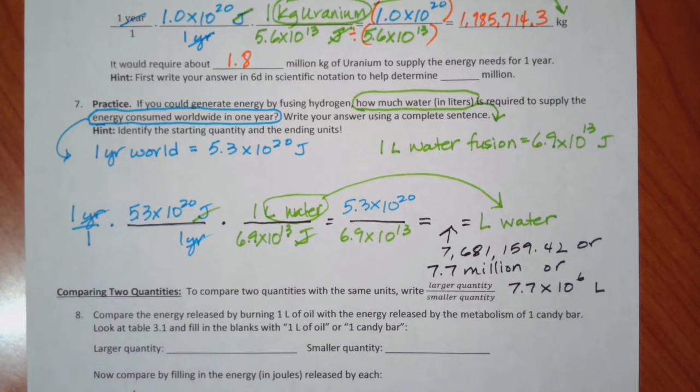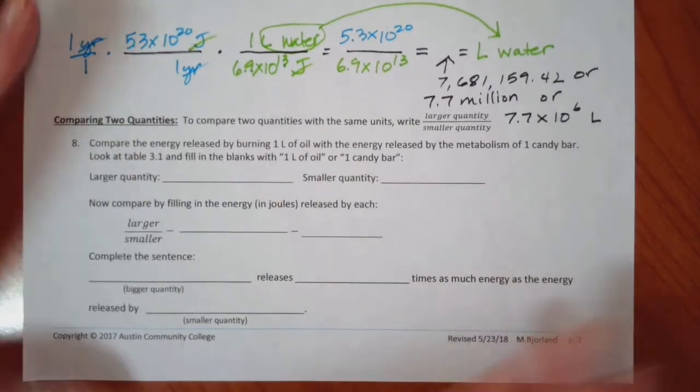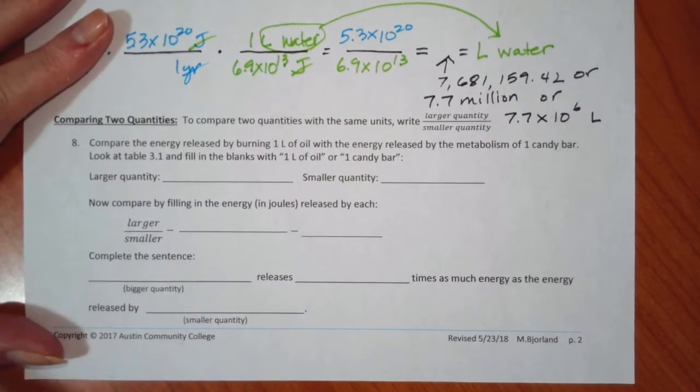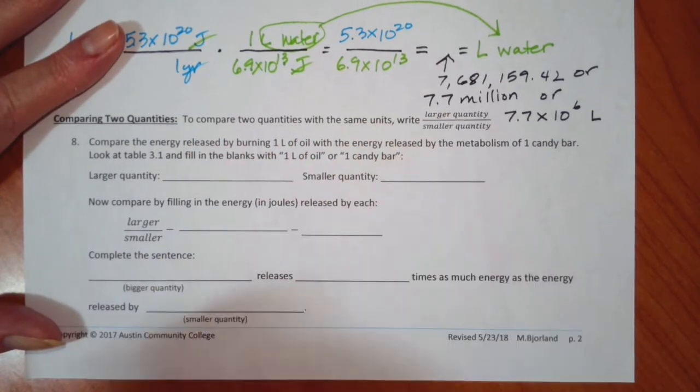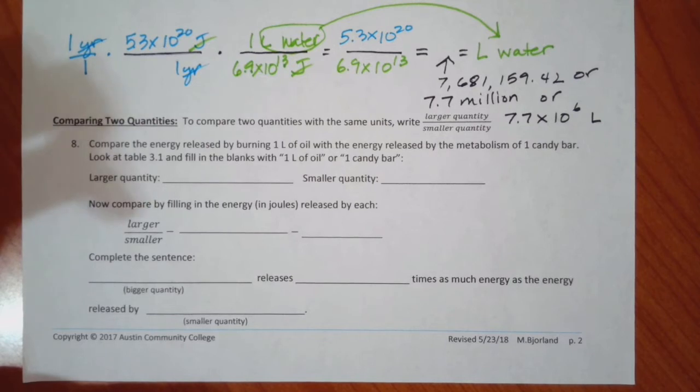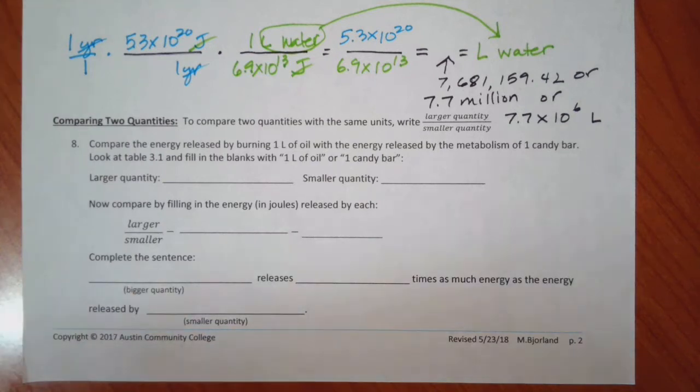All right, our very last topic for this is comparing units. And again, this is something we've done before. So if you want to compare 2 quantities with the same units, always larger over smaller. Okay, so let's compare the energy released by burning 1 liter of oil with the energy released by metabolism of 1 candy bar.